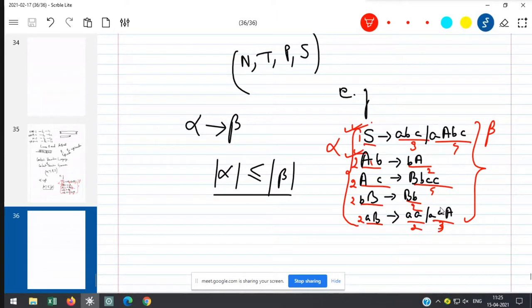So in the context sensitive grammar, the left hand side of the production rules can have both terminals and non-terminals, and the right hand side can also have both. But the condition is the length of alpha should be less than or equal to beta. That's it. Okay, this is the introduction about linear bounded automata and context sensitive grammar.